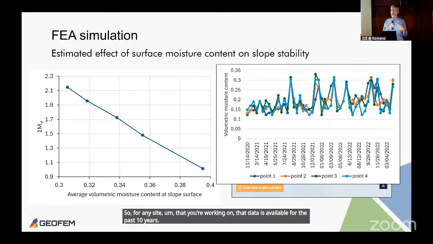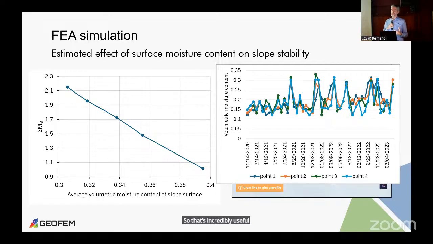That's incredibly useful as a resource to understand what's been happening at that particular site. What have the trends been? And it's much easier to interpret what's happening today if you can see what's been happening over the past several years.